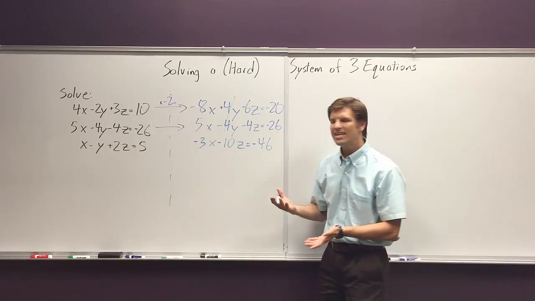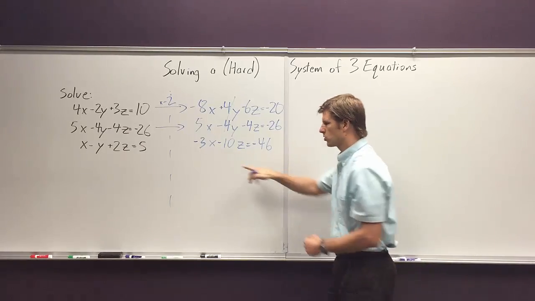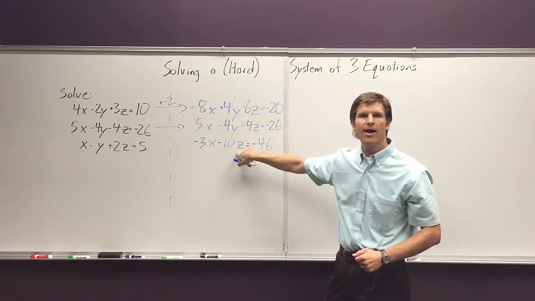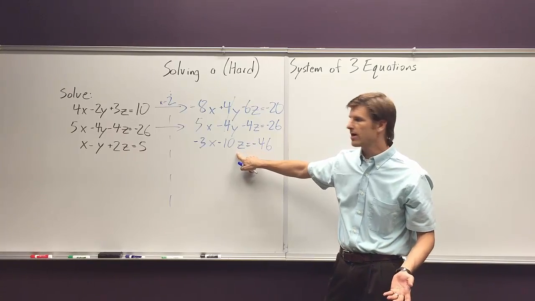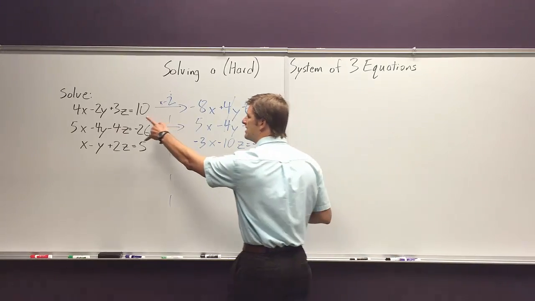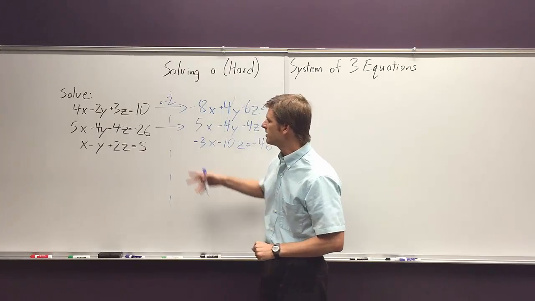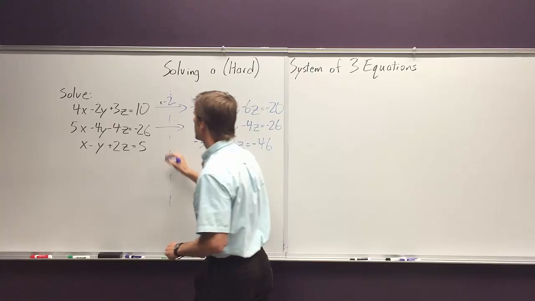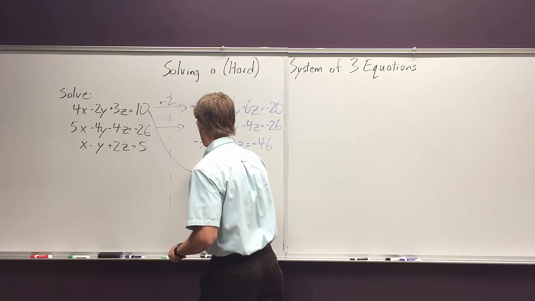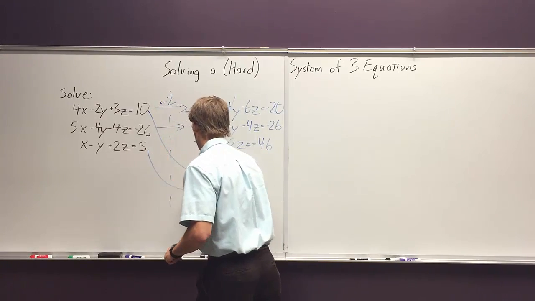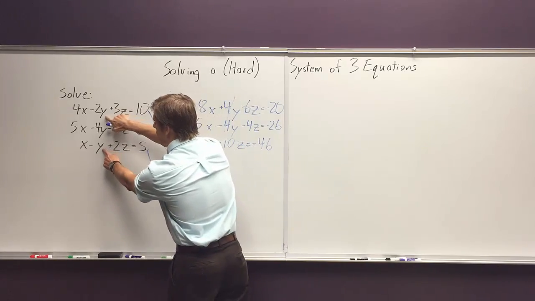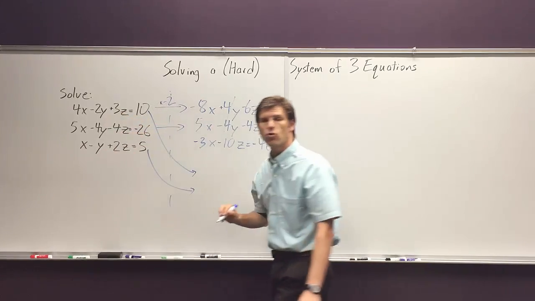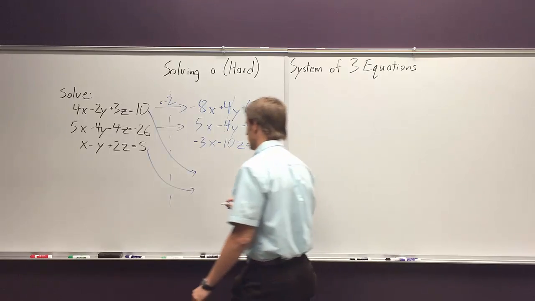Now, what I really need is two equations with just x and z. How am I going to get another equation with x and z? Well, I'm going to use a different pair. It doesn't matter which two I use as long as I don't use the same two. So let's use the top one and this one right here. How am I going to get rid of y's? Let's multiply the bottom one by -2 again.